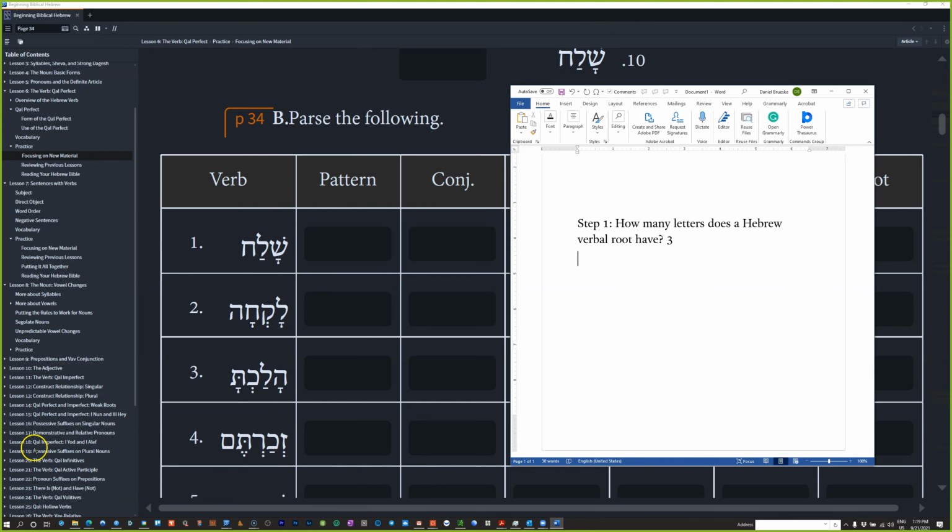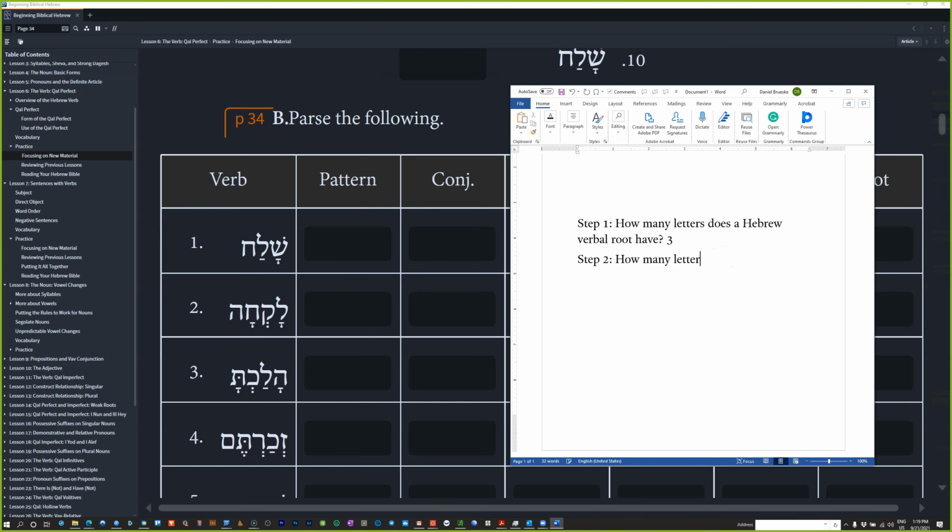So they will have a hirik yod or a holam vav. They will still have a letter in there representing a vowel. So the answer is still true. Because a vowel letter is a letter, Hebrew verbal roots have 3 letters. How many letters does a Hebrew verbal root have? 3.